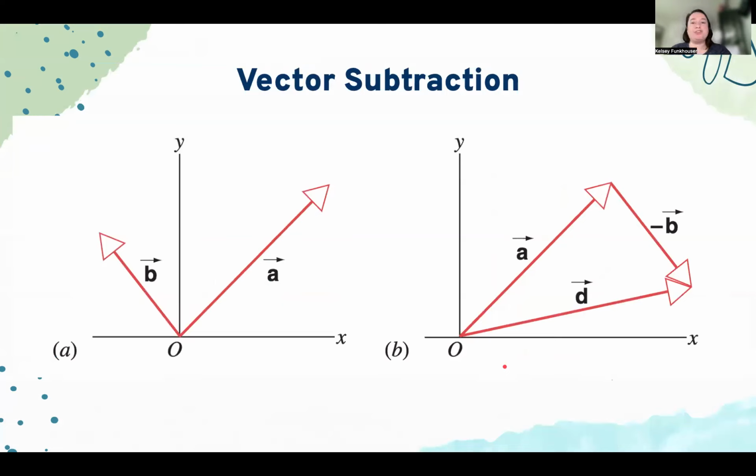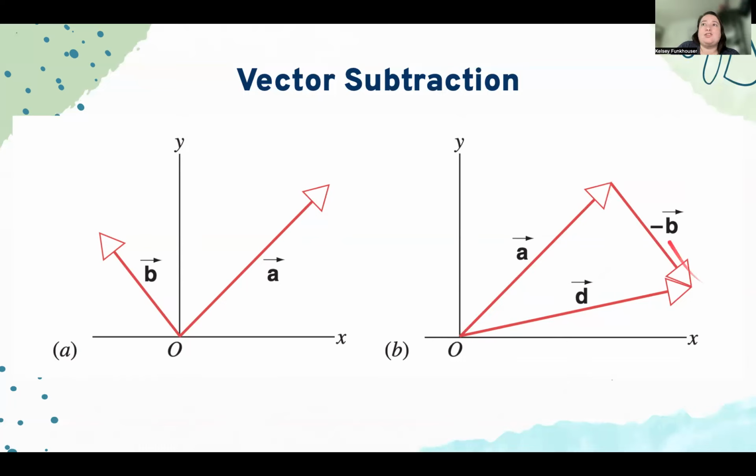Vector subtraction works just like vector addition, but we take the negative of the subtracted vector. So let's say A minus B is D. To find that, we do vector addition of A and negative B. So we draw vector A, right? And then we draw negative B vector starting with its tail at the tip of the A vector.